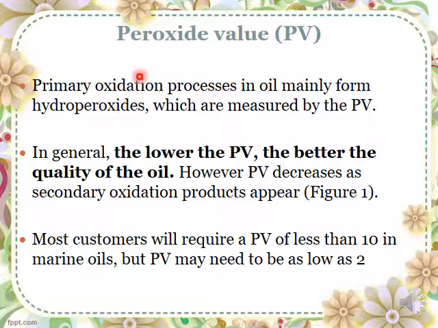So the PV value is mainly from the hydroperoxide. The lower the PV, the better the quality of oil, because when the PV is low, it means the likelihood of formation of aldehyde, the AV, would be low also, because the PV value leads to formation of aldehyde, the AV value.